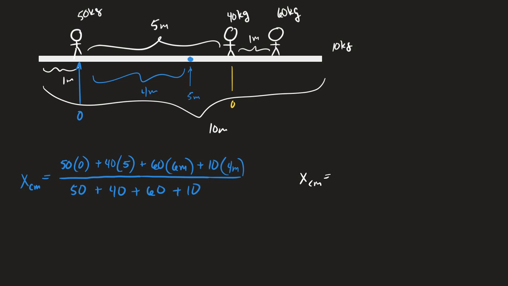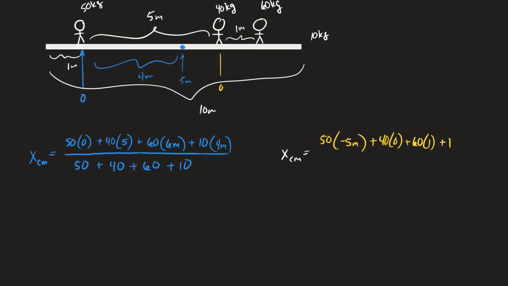So if we make the 40 kilogram person our 0, then our 50 kilogram person is located negative 5 meters away from 0. Our 40 kilogram person is located at 0. Our 60 kilogram person is located 1 meter away from our 40 kilogram person, but on the positive side.